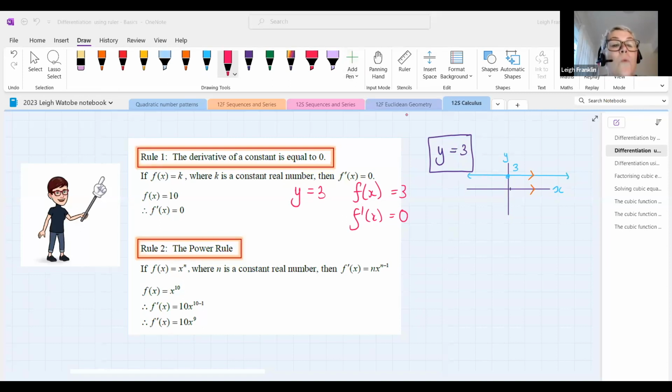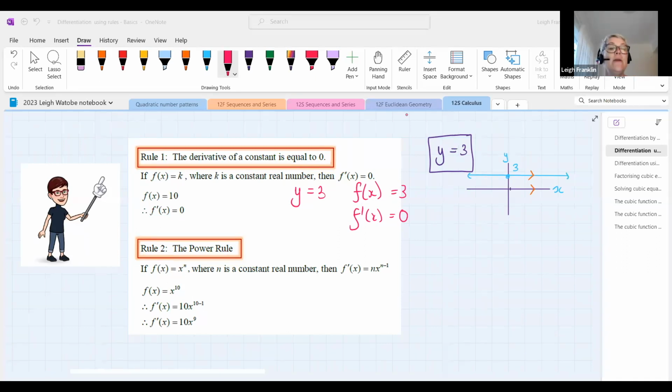That's why if k is a constant real number, then the derivative of any constant will always be 0, because the gradient of any line parallel to the x-axis is always 0.